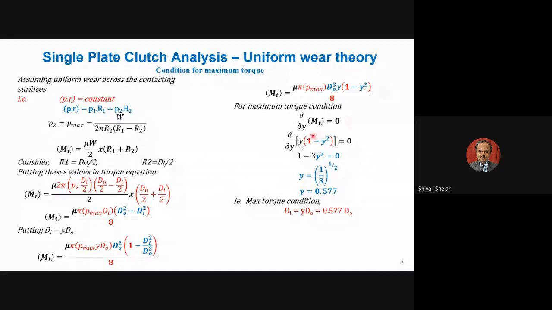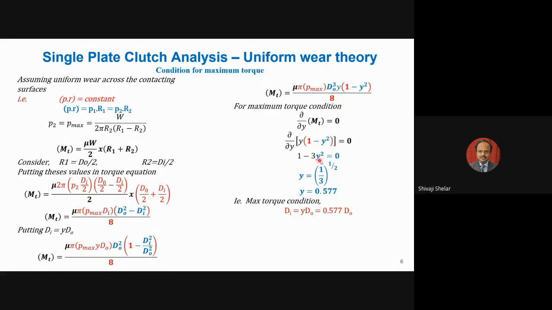So I am taking that condition and putting it here: the partial derivative with respect to y of y into (1 minus y square) will be equal to 0. If I multiply inside, this is y minus y cube. The differentiation of y is 1, and the differentiation of y cube is 3y square, with the minus sign.